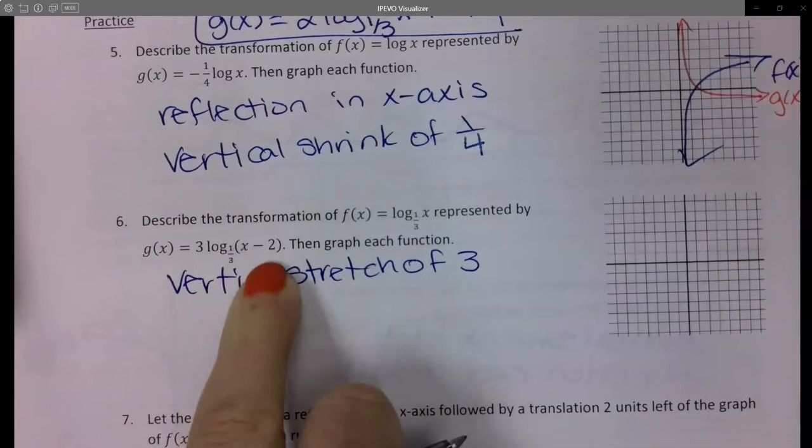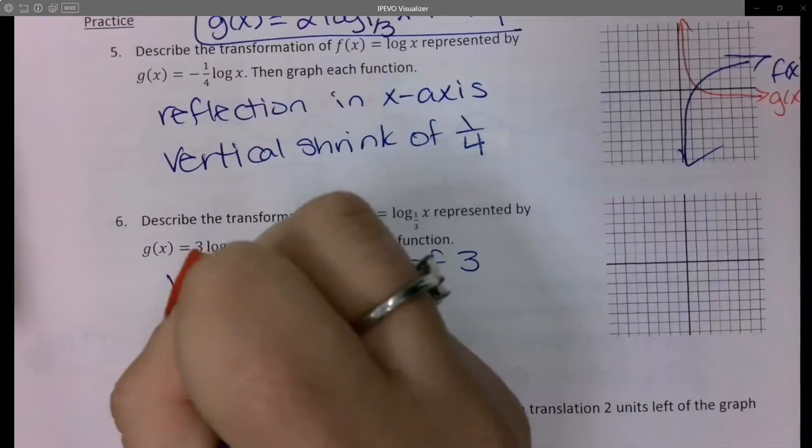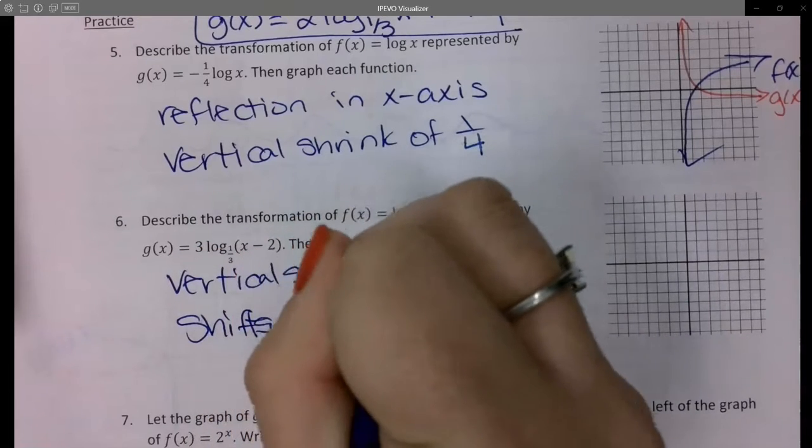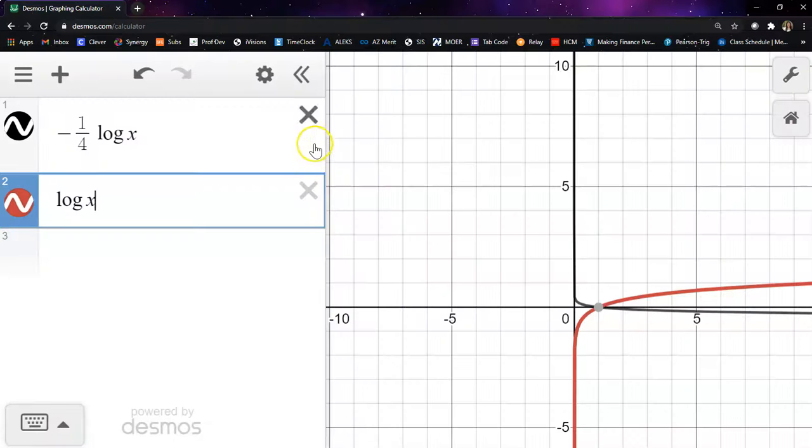And then the -2 in the parentheses means it's shifting right 2. Then I want to go ahead and graph this.